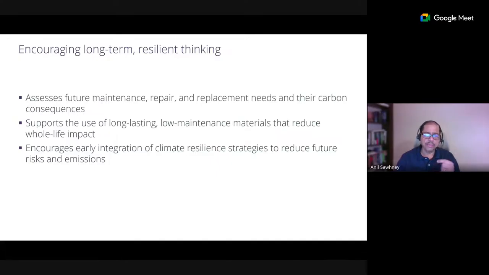So it helps push the use of long-lasting, low maintenance materials that reduce the whole life impact, rather than just selecting materials and components that are useful in the construction stage itself. So you're not making short-term decisions.